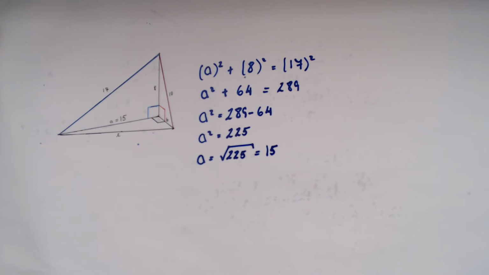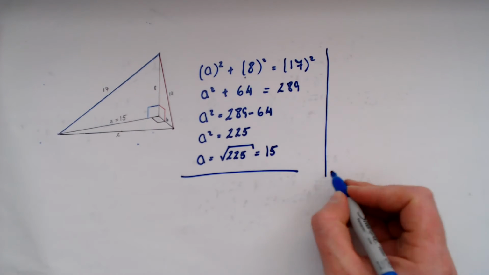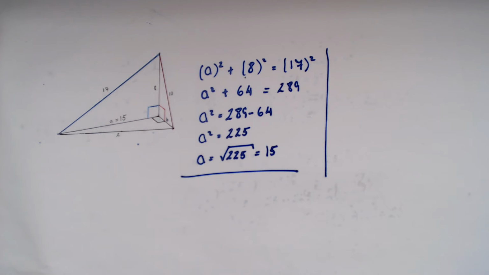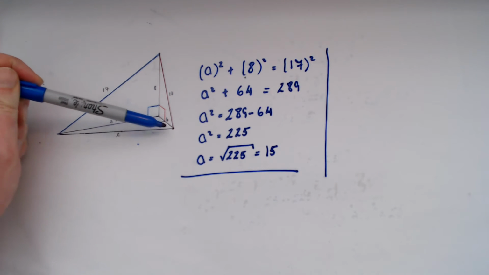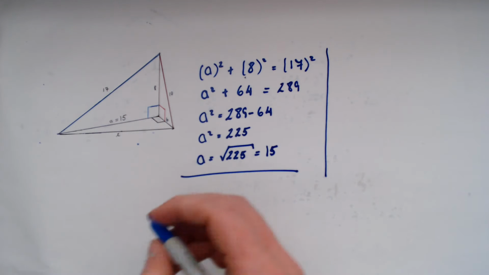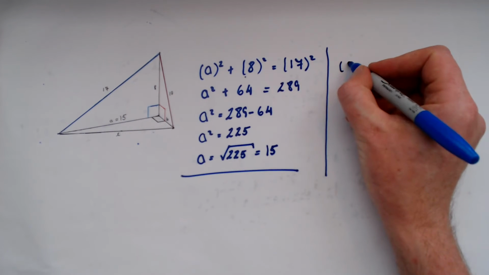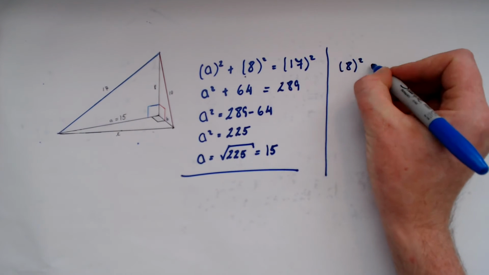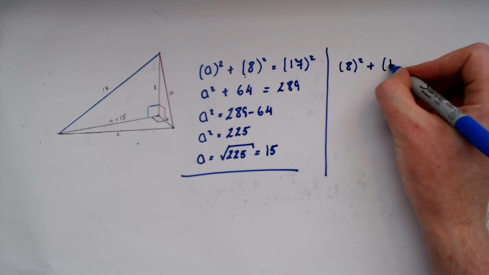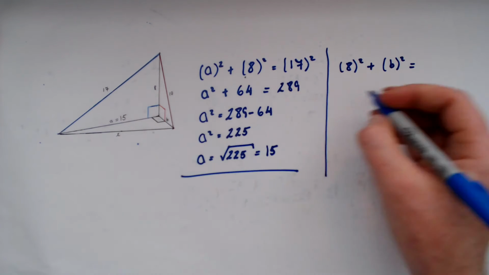Let's move on. Draw a line under this. Here, let's work over here. We're now dealing with this triangle. Again, applying my Pythagorean theorem gives me 8 squared plus B squared is equal to 10 squared.